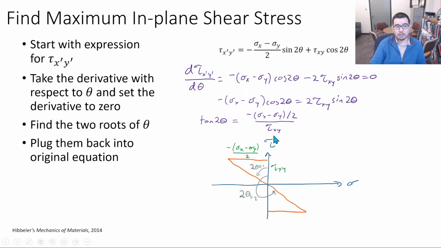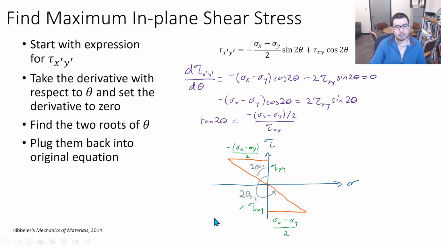We have tau xy as our adjacent, and our angle is 2 theta s1, right in here. We can also flip around and have the inverse, with positive (sigma x minus sigma y) divided by 2 and a minus tau xy. It's the same overall quantity, just flipping the sign from the top to the bottom. And we have 2 theta s2 as described here.